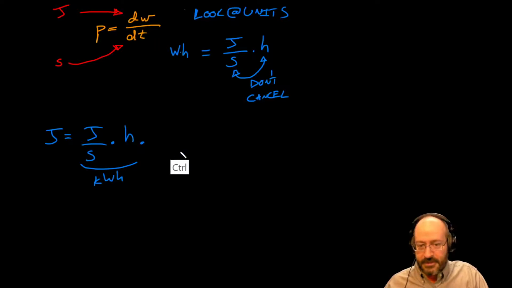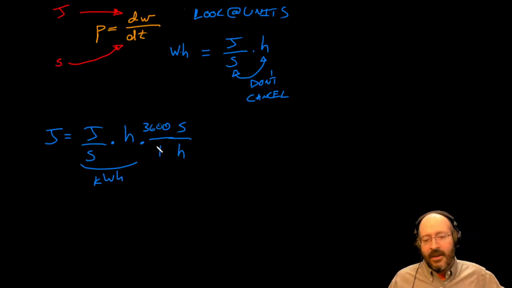That's a horrible H. Let me fix that for you. And I need to multiply by seconds, but I need to not change this value, so I need to multiply by something that's equal to 1. So 1 hour is going to be 3,600 seconds. So I have this extra factor of 3,600.